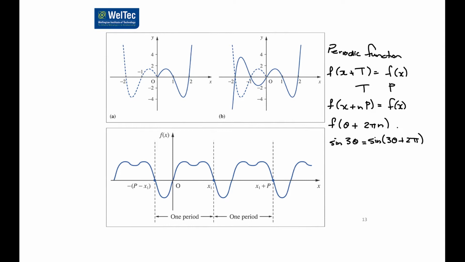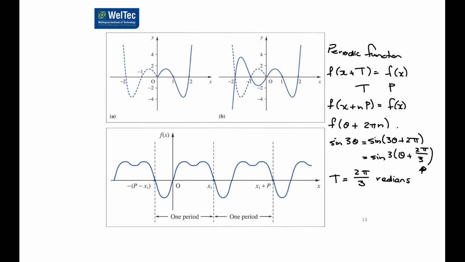Taking out a common factor of 3, look, there's the period. So the period in this case is 2 pi over 3 radians, if that's how it's graphed. So it repeats itself every 2 pi over 3 radians.